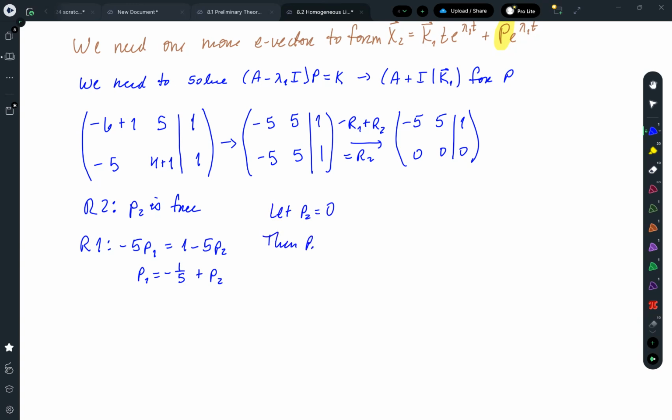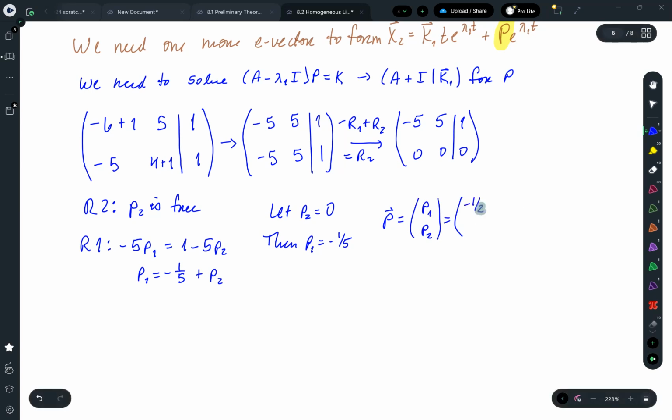Then P1 is -1/5. And our P vector then has components P1 and P2, which will give us components -1/5, 0. And that's it.